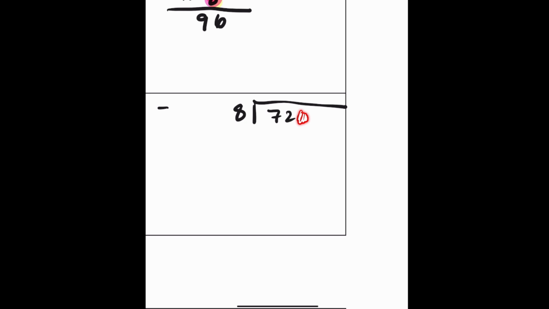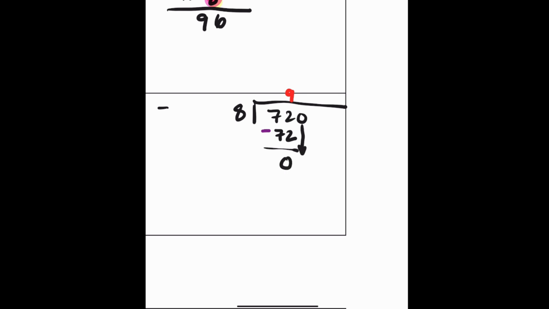Well, 8 goes into 72 9 times. All right, so 8 times 9 is 72. But before we write anything, we need to put a subtraction symbol there and then write 72. Okay, so 72 minus 72. I'm not doing 720 minus 72. I'm only working with the 72, yes. So 72 minus 72 is 0.